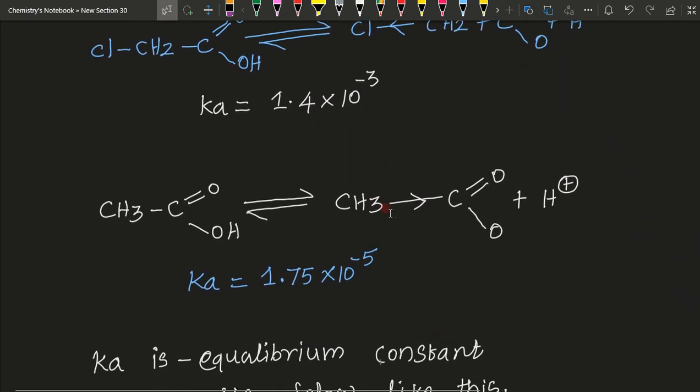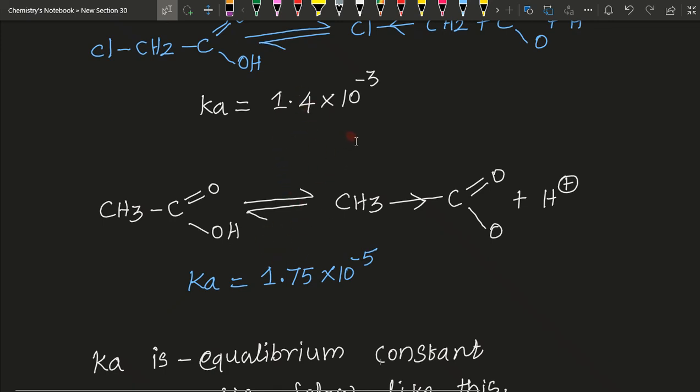But here see the acetic acid, here like this, C double bond O plus H plus. This concentration is 1.73 into 10 power minus 5. This is more acidic than acetic acid.